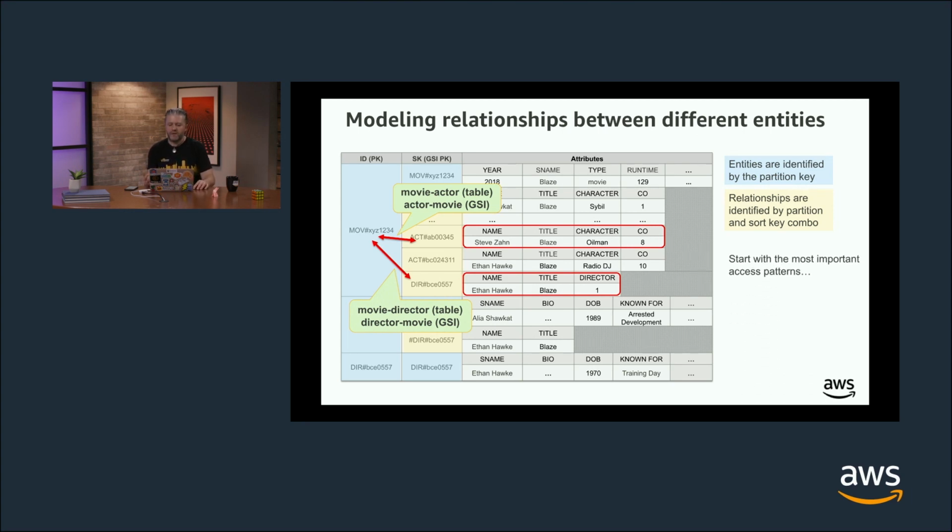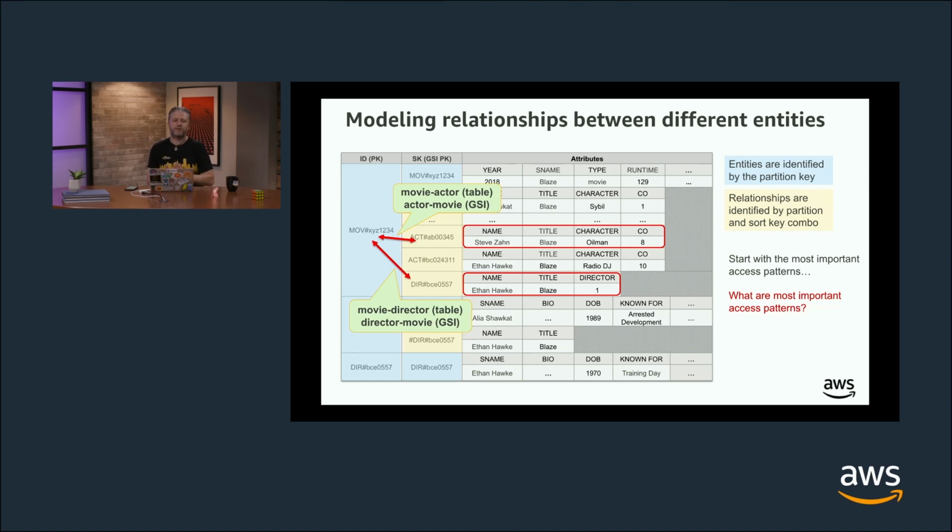And so speaking of queries and access patterns, we should start with the most important ones. And then the question is, what are the most important access patterns, right? So in our case, a movie database, I'd like to be able to find a movie that I'm looking for.